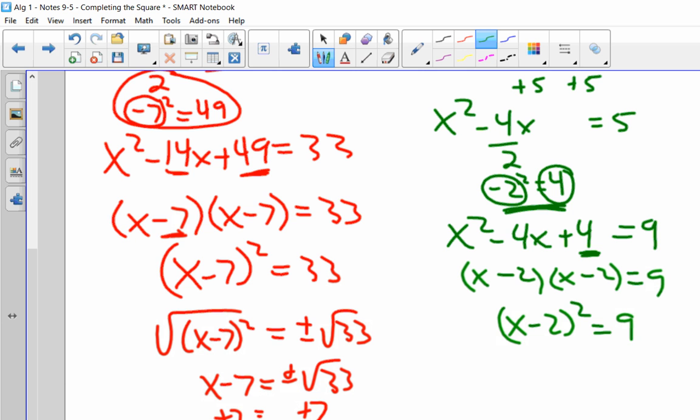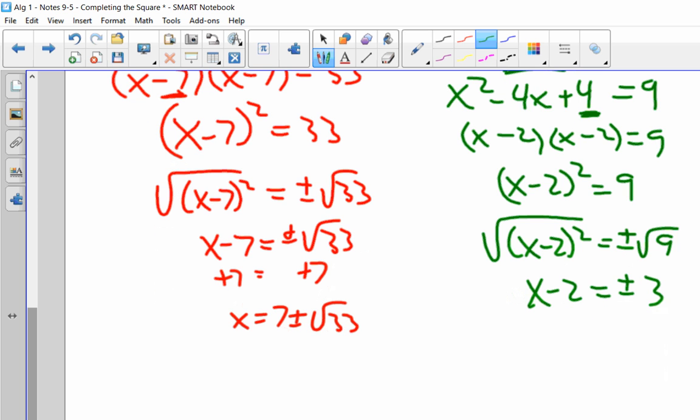Step 5 is to take the square root of both sides. And that just leaves me what's inside. So it's kind of a formality step, but this is critical. What is the square root of 9? Is it perfect? It is. It's 3. Now, I'm going to pause here for a second.